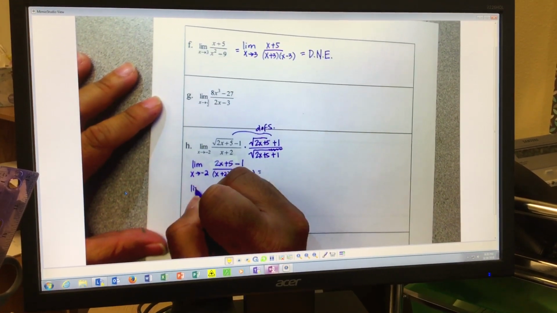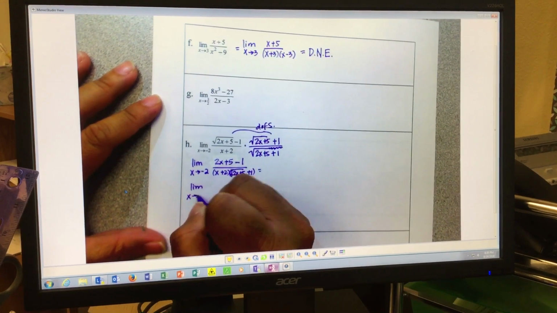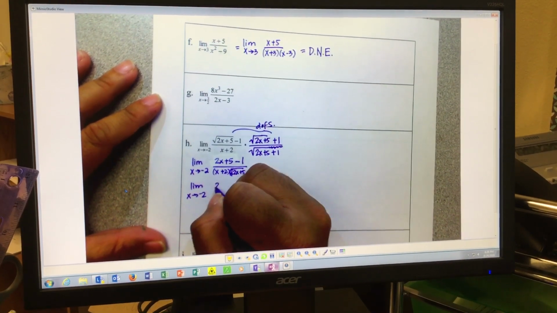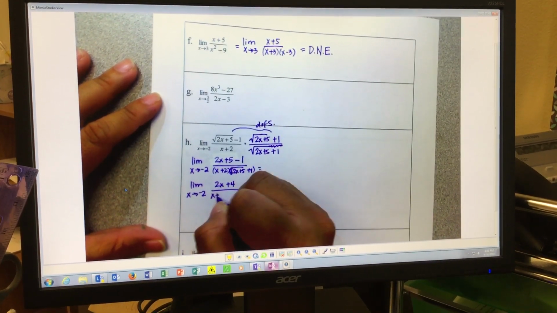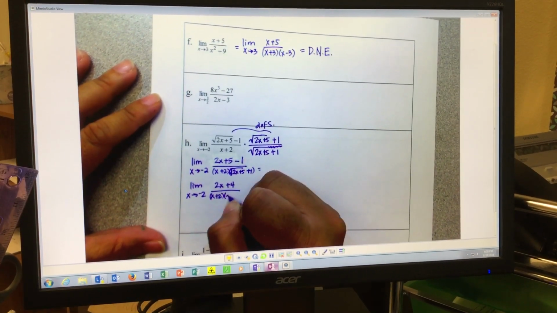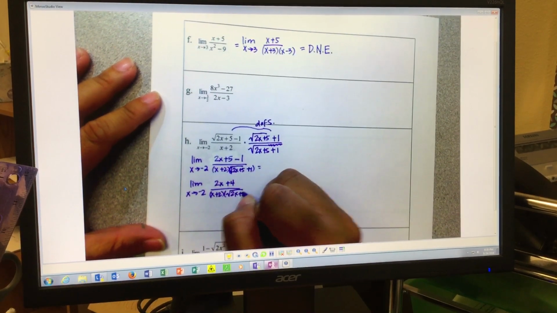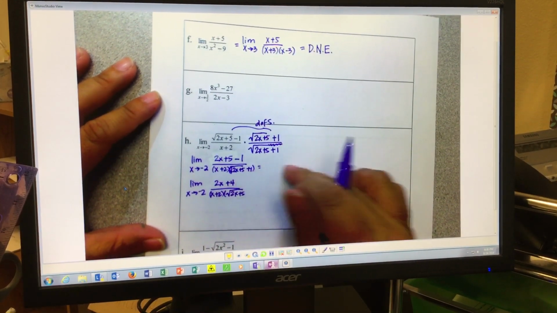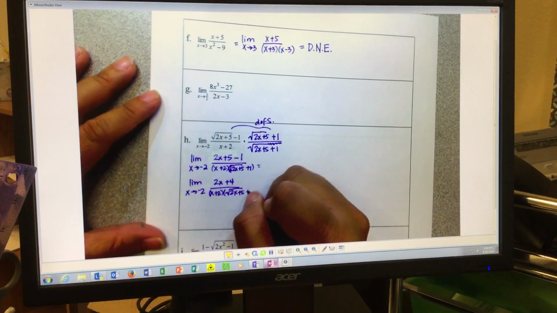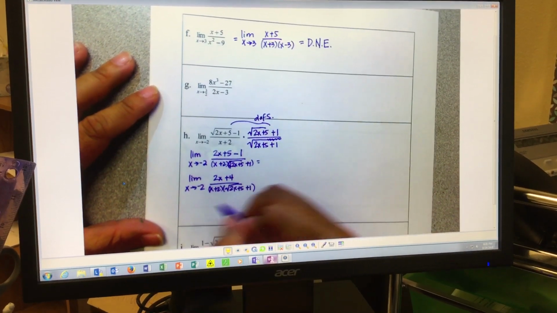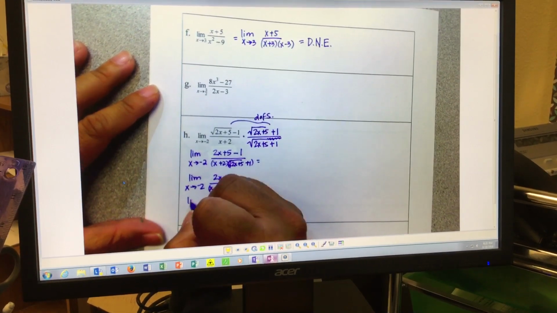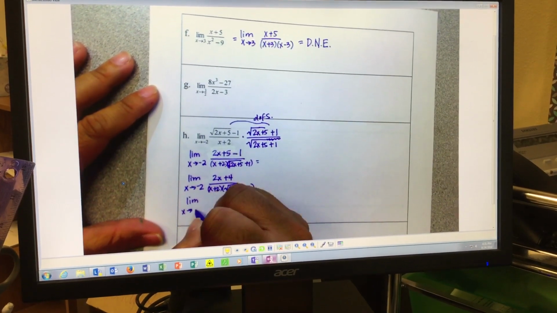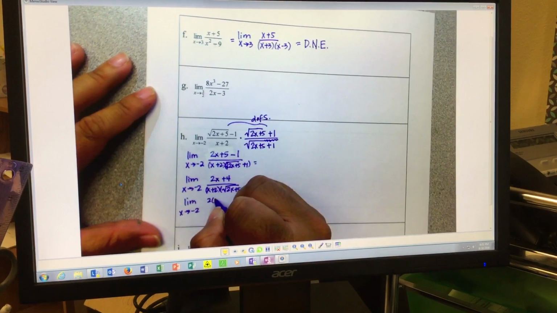Okay, so on the top here, we have the limit as x approaches negative 2. On the top will be 2x plus 4. On the bottom will be that. I haven't established the limit yet, so I have to keep that limit there. And I'm not going to write it this way because the readers don't like that. Then I'm going to factor. So the limit as x approaches negative 2, I'm going to factor out the 2.